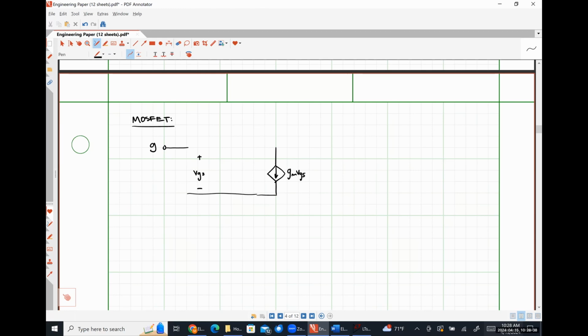Here's gm VGS. If body effects are present, we'll have gmb VBS, some resistance r0.